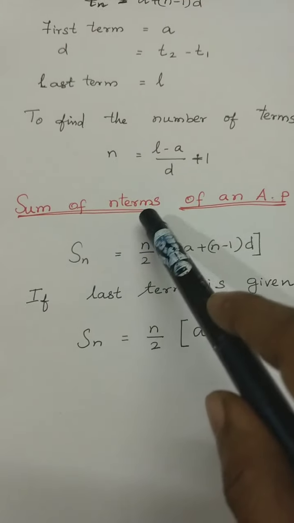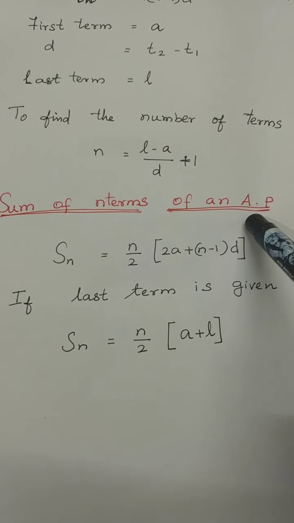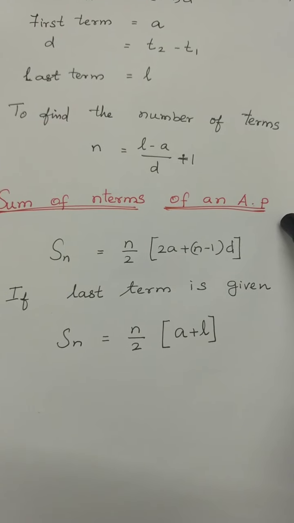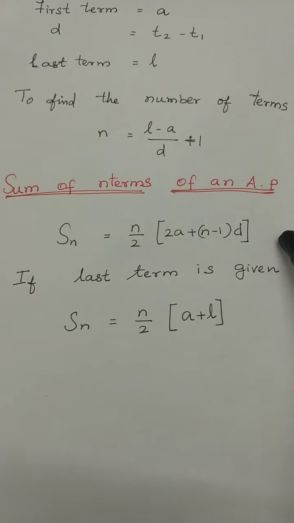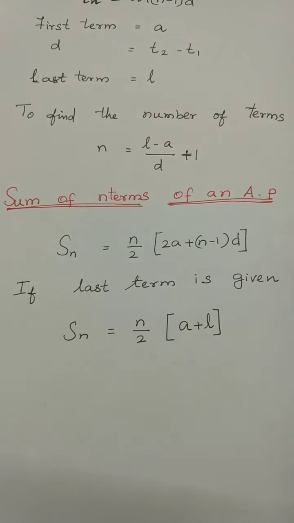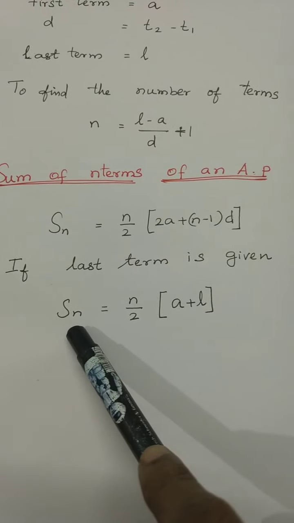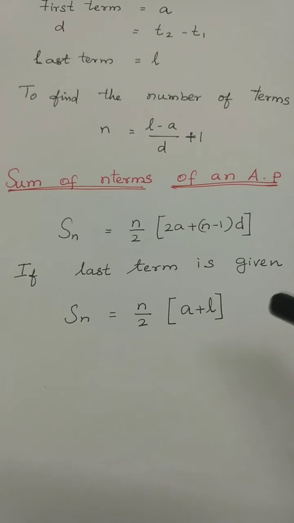Then Sn is equal to n by 2 into 2a plus n minus 1 into d. To find the sum of the terms in the given series, we use this formula. If in the series they give the last term, we have to use this formula: Sn is equal to n by 2 into a plus l.